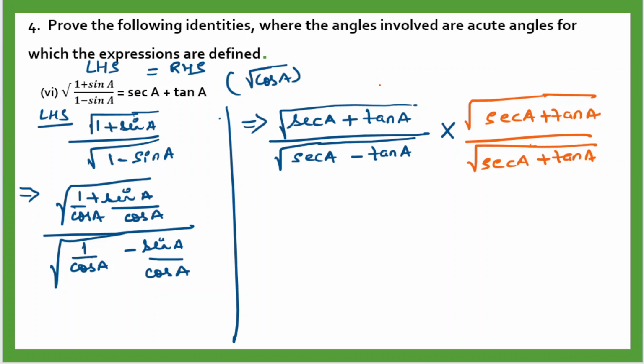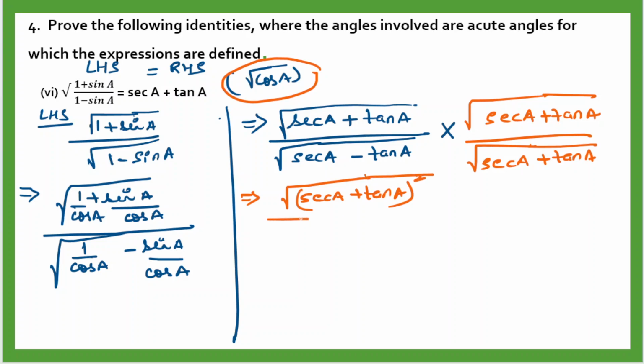Now, in this we have done two steps. In the first step, we divided numerator and denominator by under root of cos a. In the second step, we multiplied our numerator and denominator by under root of sec a plus tan a. Now, on multiplication of this, we will get under root of (sec a plus tan a) whole square divided by under root of sec square a minus tan square a.